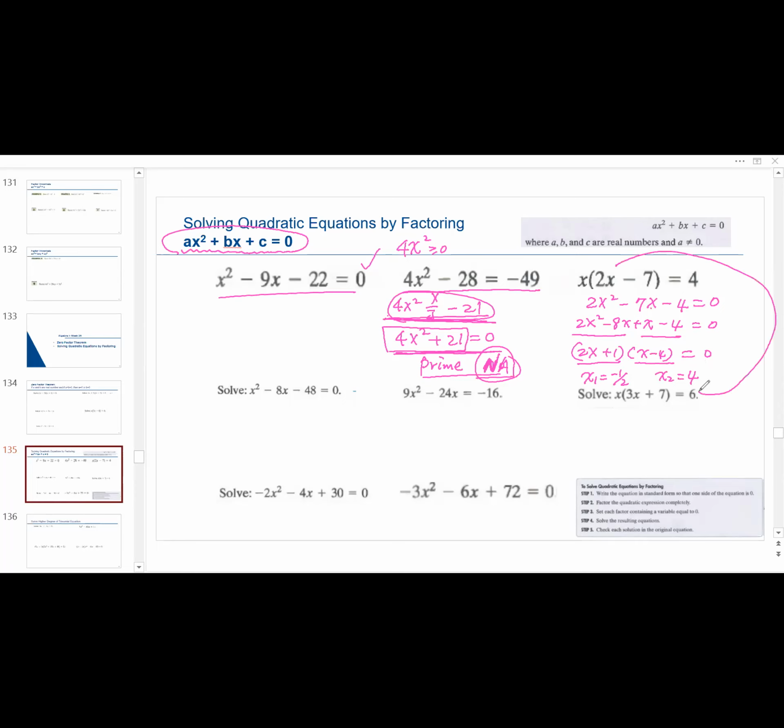Let's put them back into the initial equation and check. Let's check 4 first. 2 times 4 squared minus 7 times 4 equals 4. Yes, it makes sense, right? Second one, put this one in, go back, and check. 2 times negative half squared minus 7 times negative half.